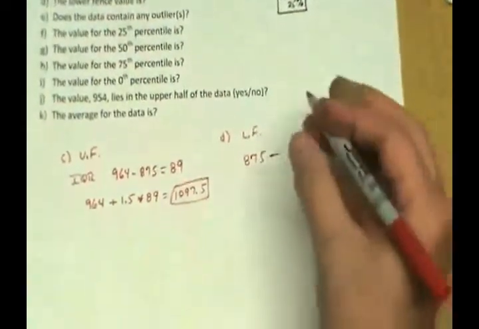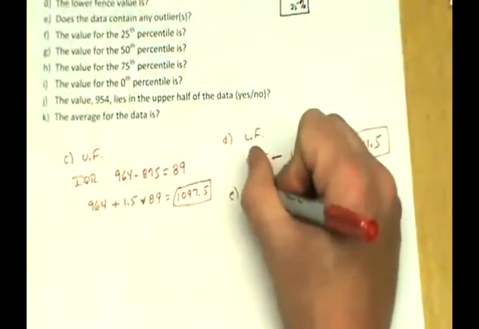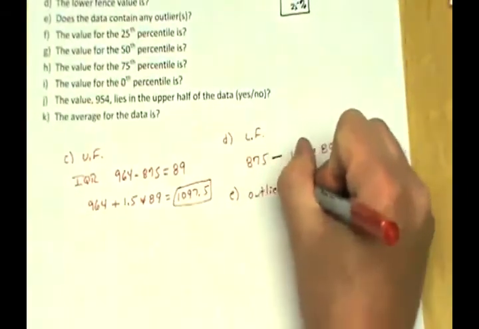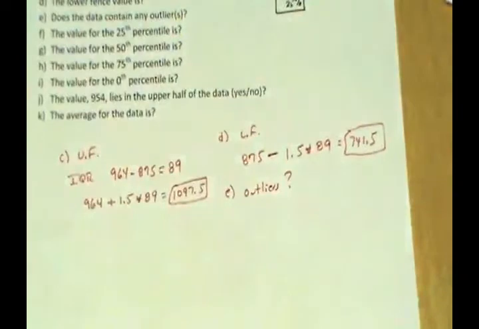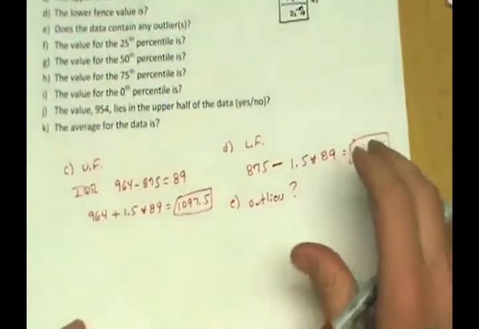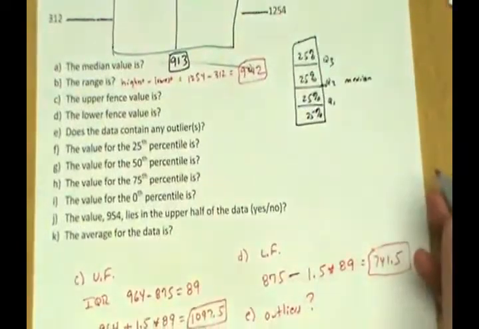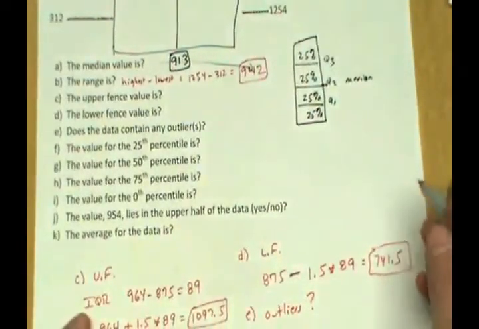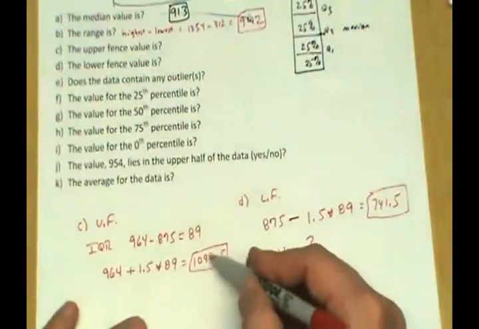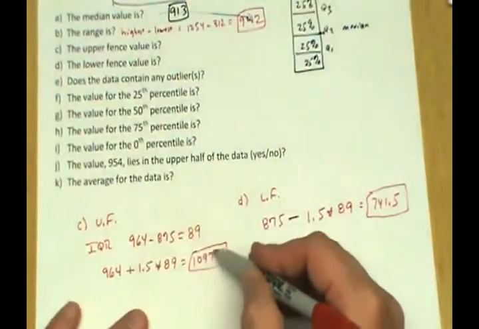I like it. E asks, are there any outliers? Well, there's no way for you to determine all of the outliers because the box and whisker plot doesn't give you all the data, but we can look and see if there are any outliers whatsoever. Now, if you notice, the upper fence is 1097.5, anything at that or higher, 1254 is definitely higher than that.